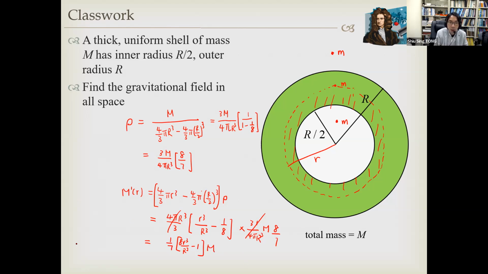So the force will then be what? I do not have enough space, I hope you can see it. G M prime, small m, over small r squared, because all the mass seems to be concentrated at the center. So when you divide this expression by small r squared, you add small m and G, and you get the answer, given by G. Let me add the minus sign.